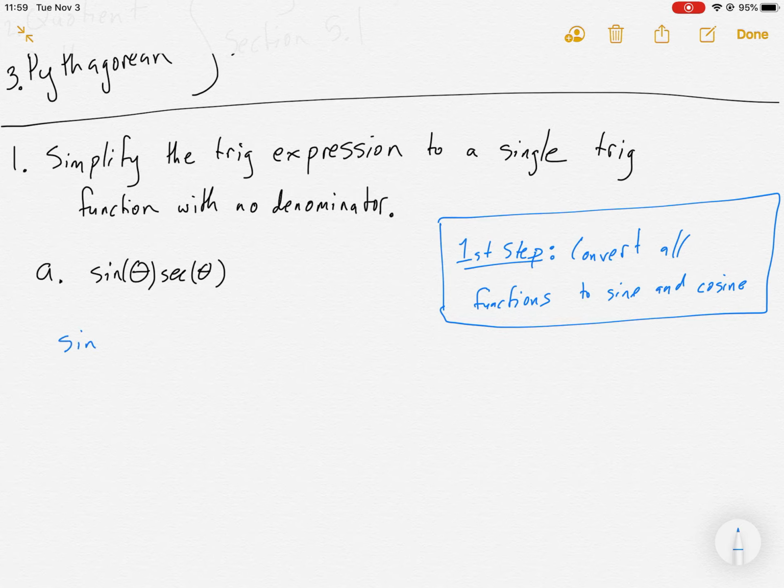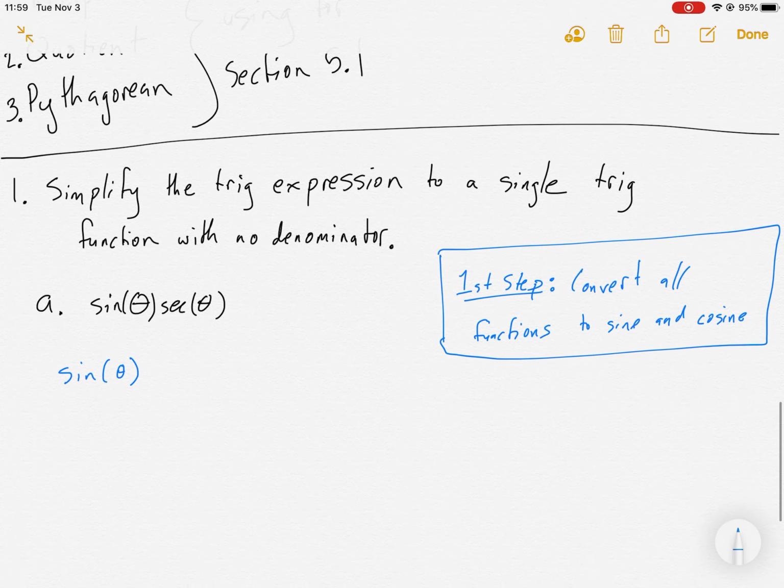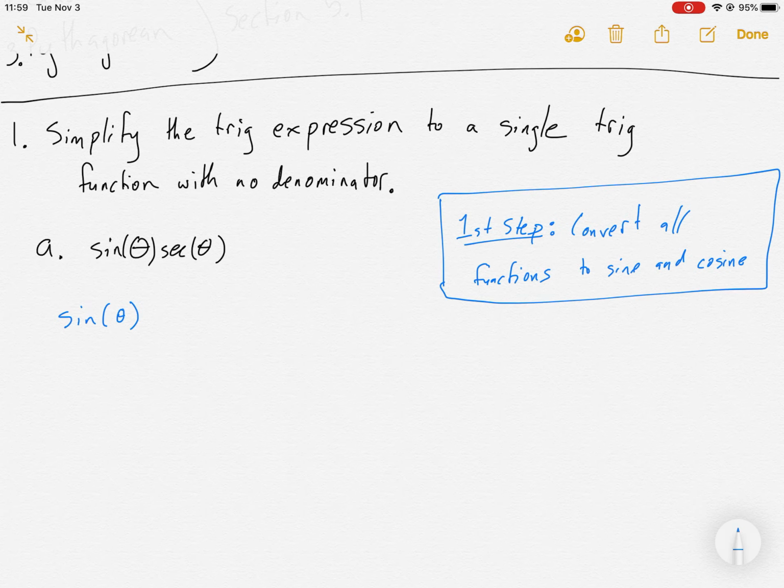Sine is already in terms of sine, so I don't need to worry about that. For secant, if you take a look at the reciprocal identities, you should see that secant is actually 1 over cosine of theta. Keep in mind that's a multiplication there.